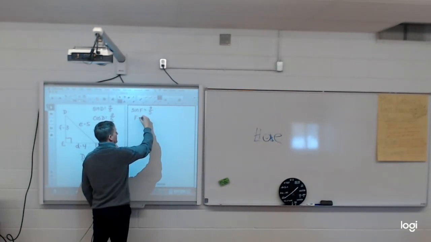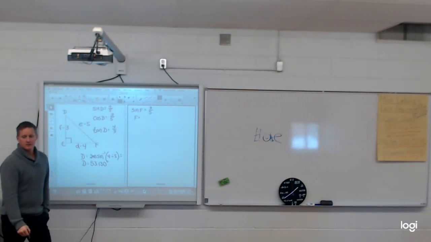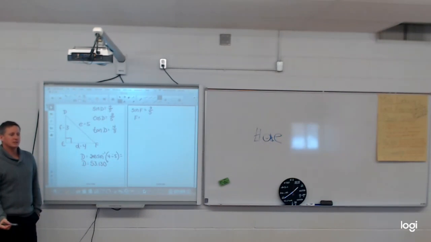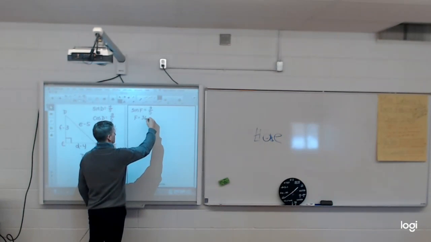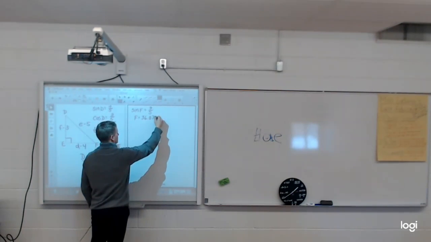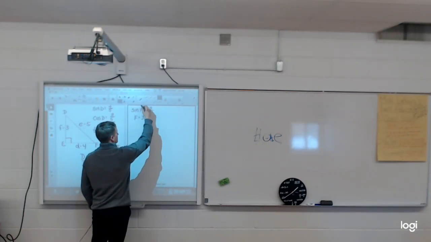What does f equal? Second function sine, 3 divided by 5. 36.869.